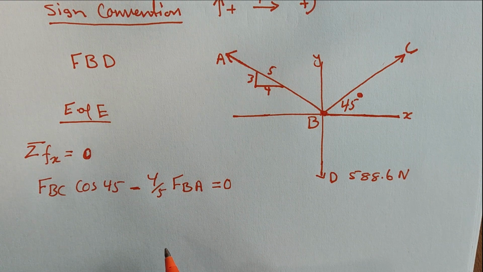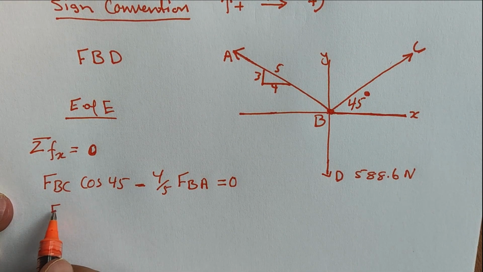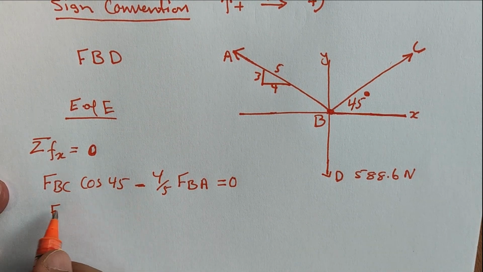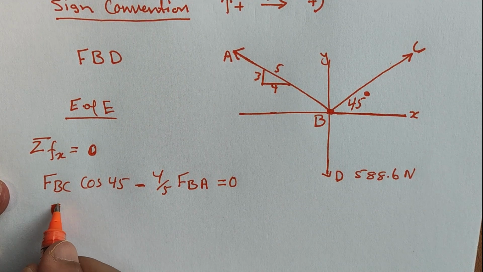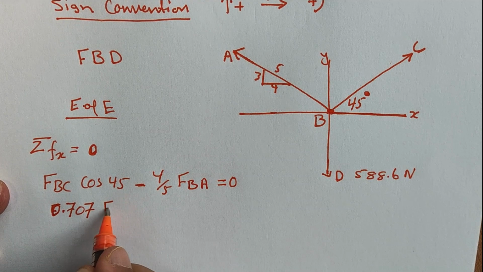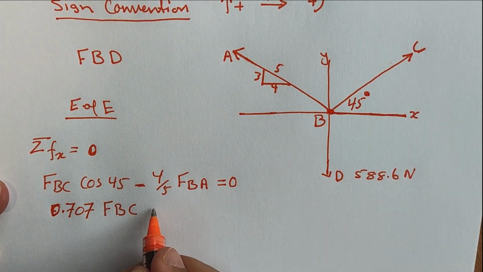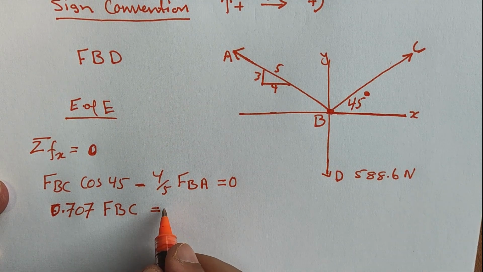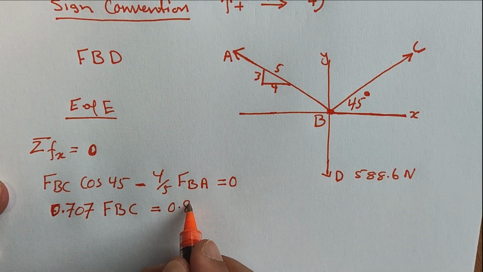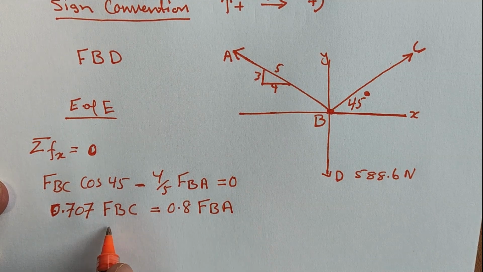From here, we know that cos 45 is equal to 0.707, so 0.707 FBC equals, on the other side, 0.8 (which is 4/5) FBA.